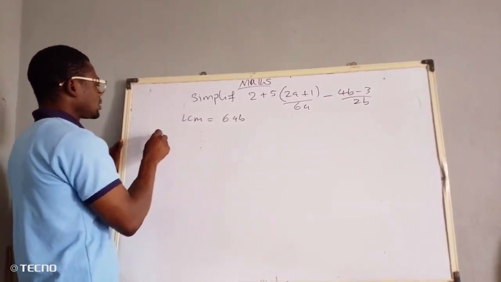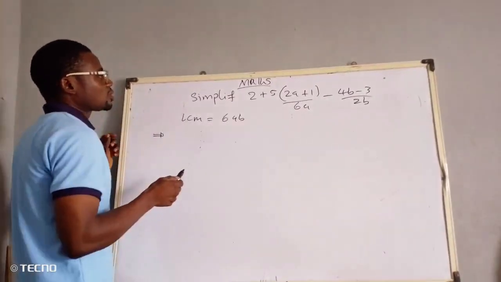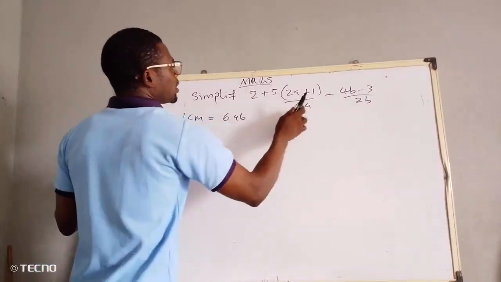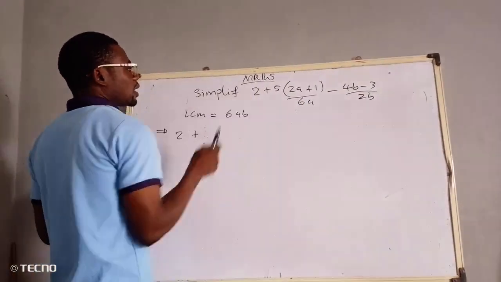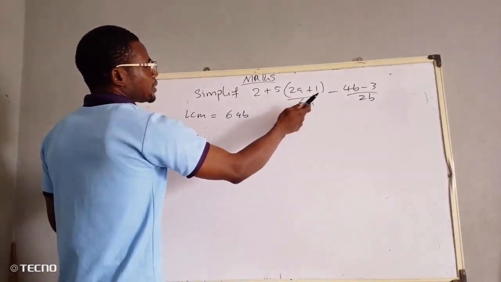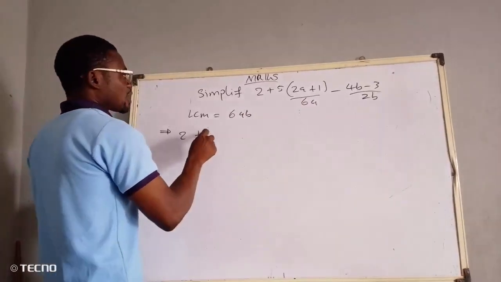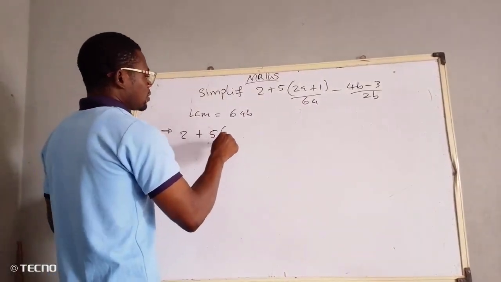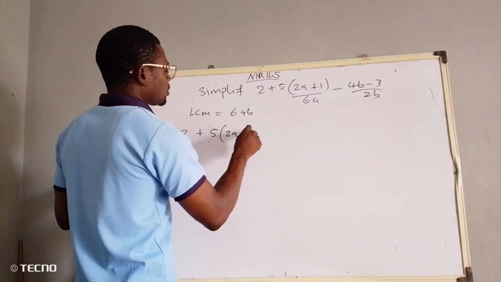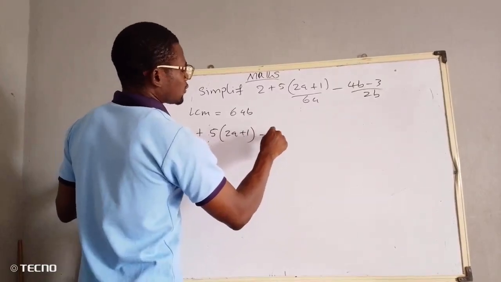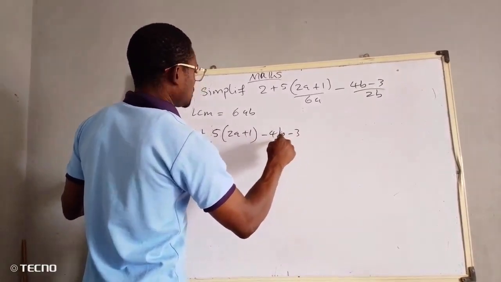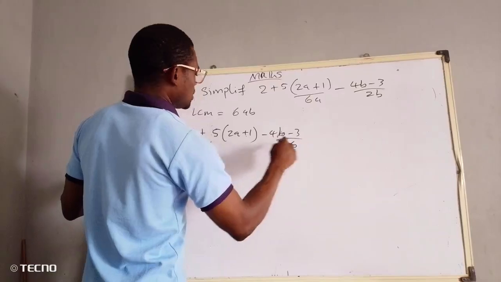The next thing to do is to make sure all our denominators become what? 6AB. So I have this 5 onto bracket 2A plus 1 minus 4B minus 3, all over 2B.